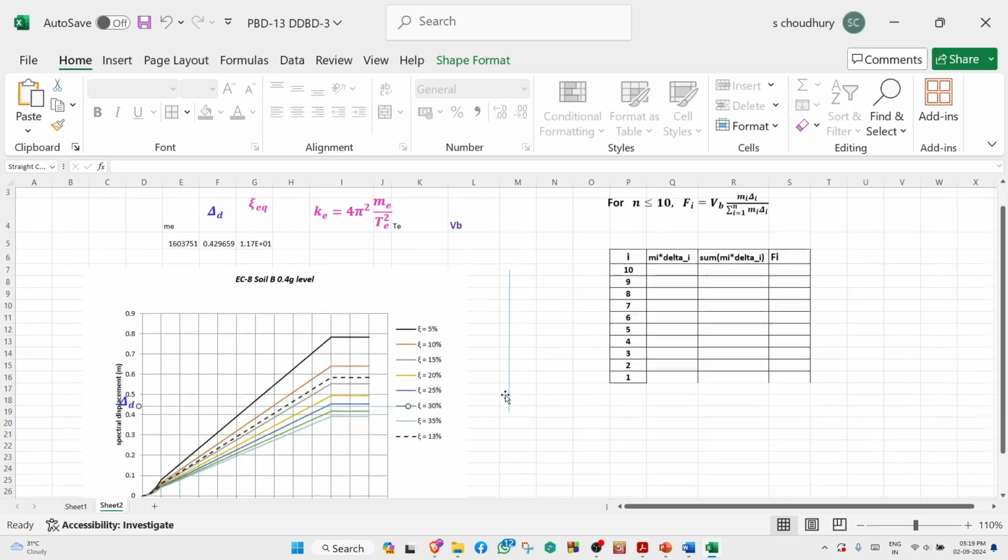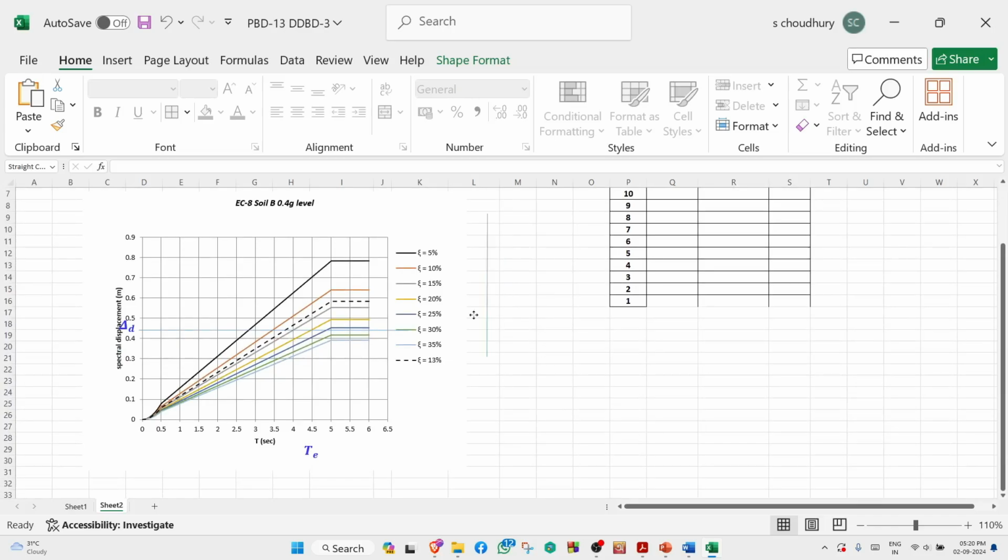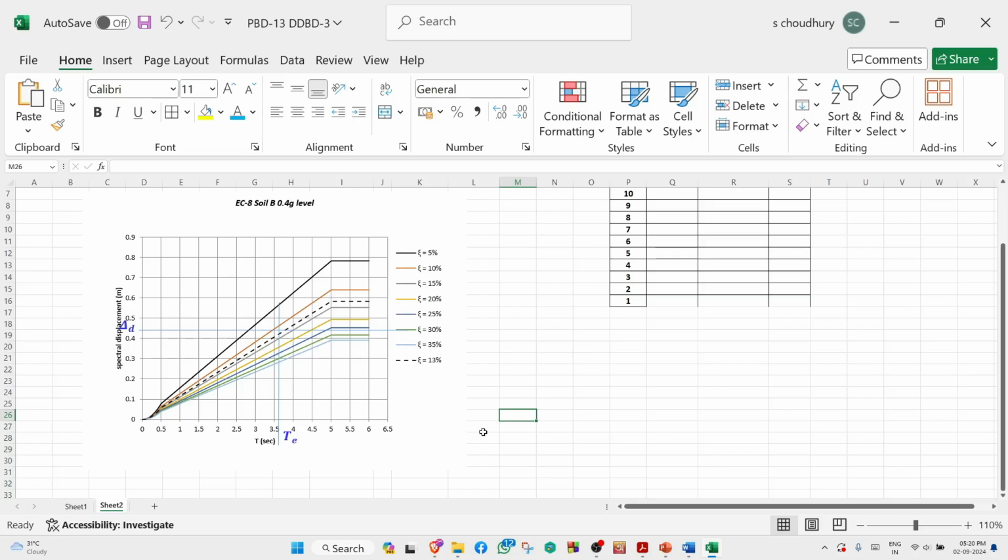So we put another line here vertically downward from this point. I think 11.7 will be somewhere here at this juncture of the cutting of these two blue lines, and it is coming downward. So this is your effective time period. So effective time period here is coming around say 3.6 second.